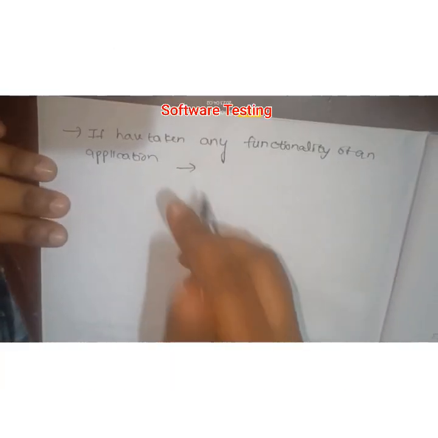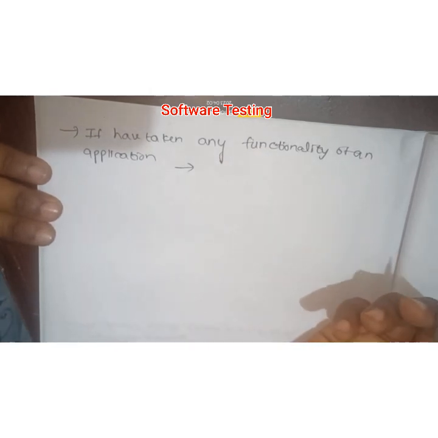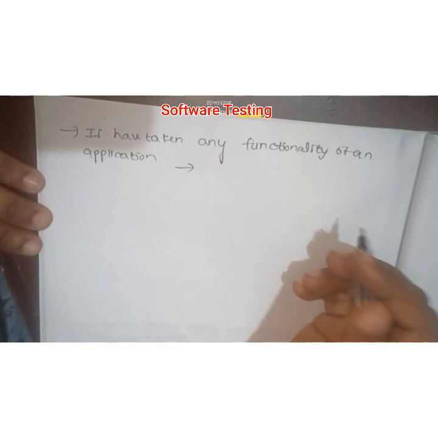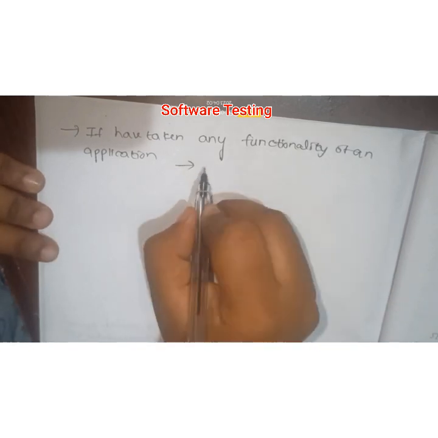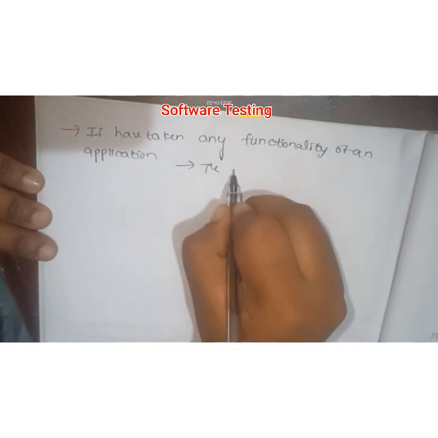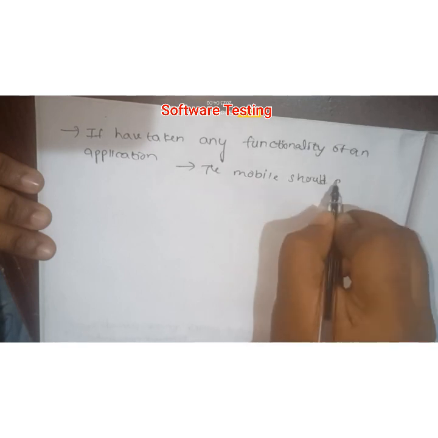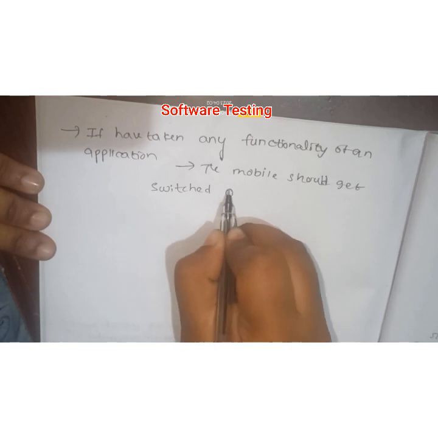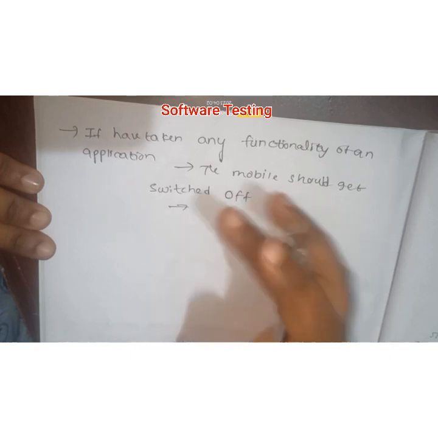In simple words, if you take any functionality of an application, we have many functionalities in mobile applications, right? So I'm taking only two, or you can take many for your example. I'm taking pressing the power button. If you long press the power button, the mobile should get switched off, but it is not doing that process of switching off the mobile.